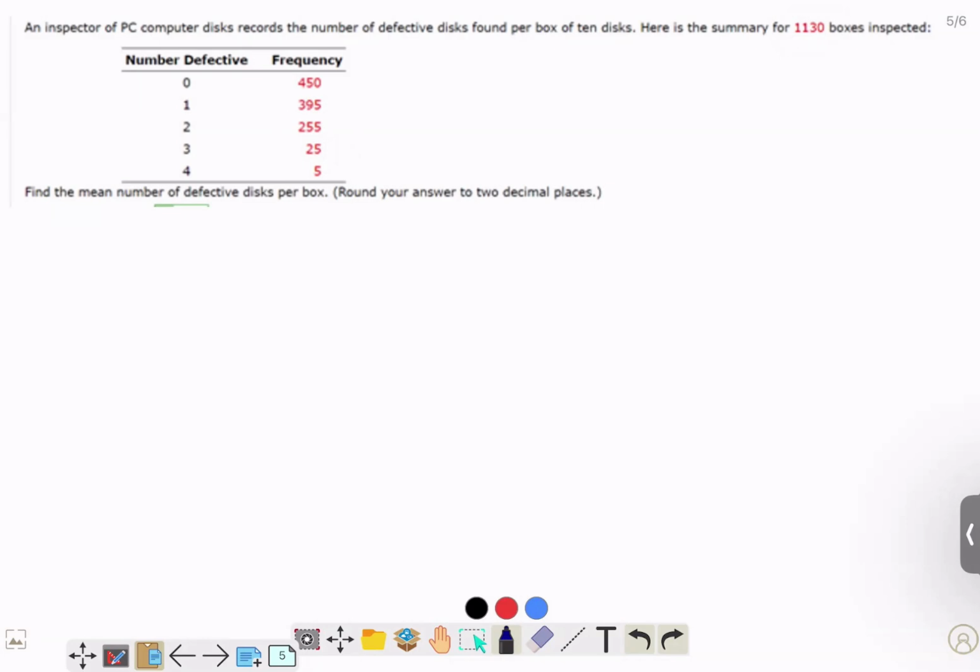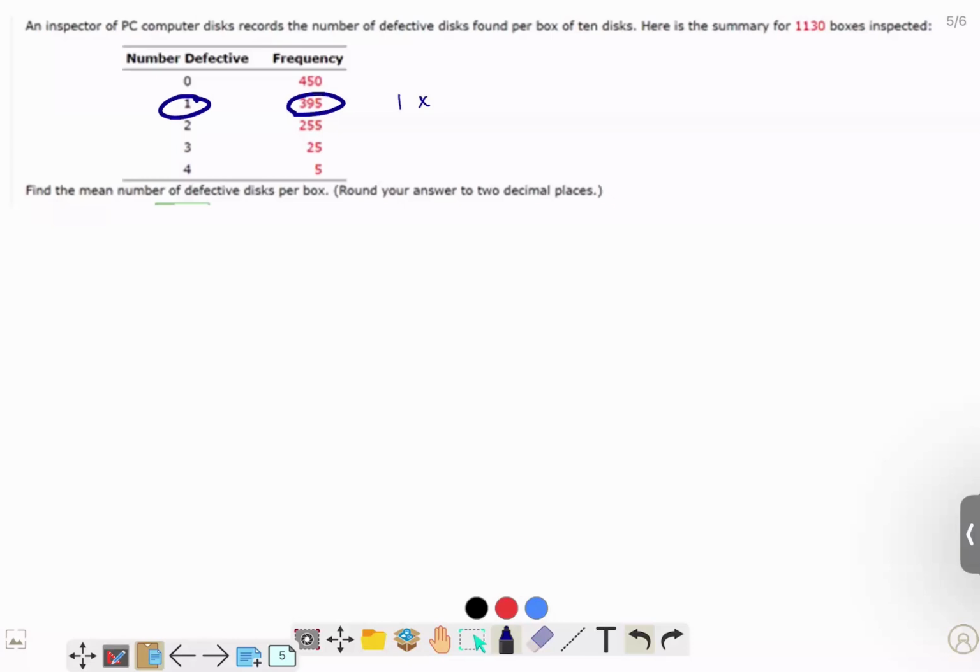So out of those 1,130 boxes that they inspected, 450 of them had no defective discs. 395 of the boxes had just one defective disc.